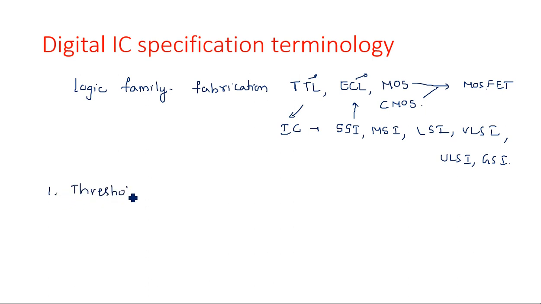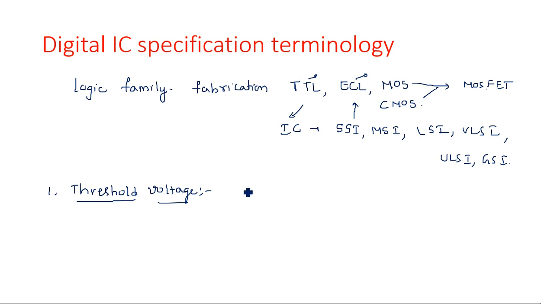The first one is threshold voltage. What do you mean by threshold voltage? The threshold voltage is defined as the voltage at which the input of the gate changes the state of the output from one logic level to the other.